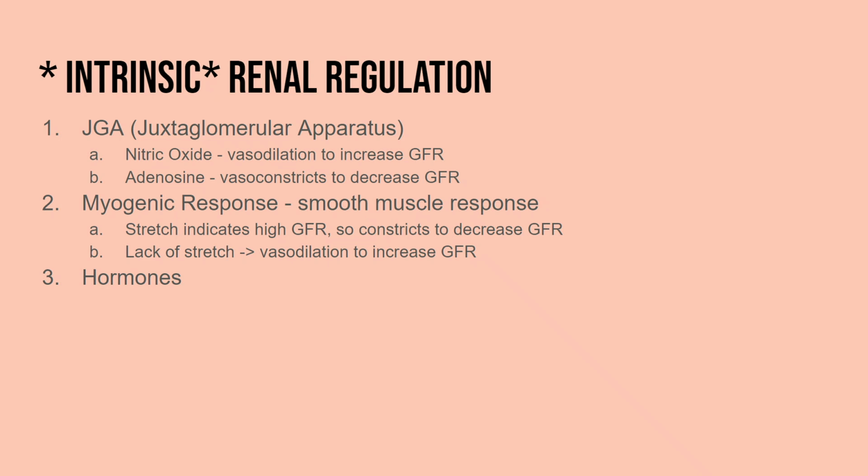Renin, when in circulation, encounters angiotensinogen, which is a protein, and it kind of just finds that in circulation and converts it to angiotensin 1.